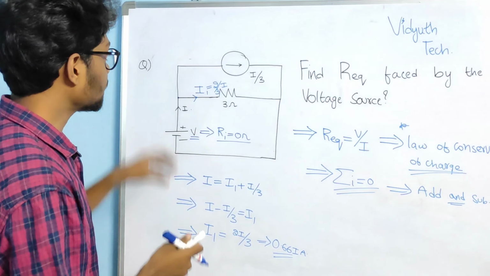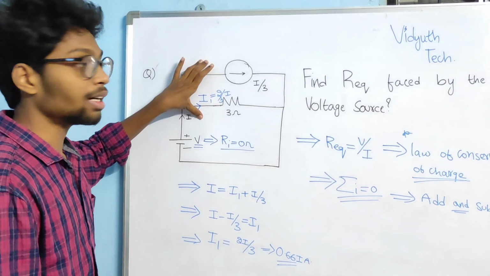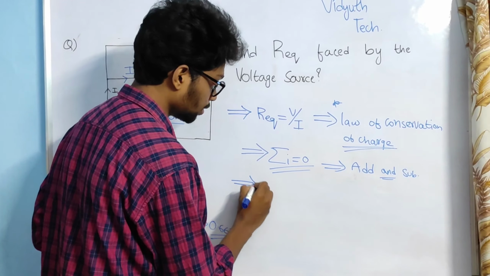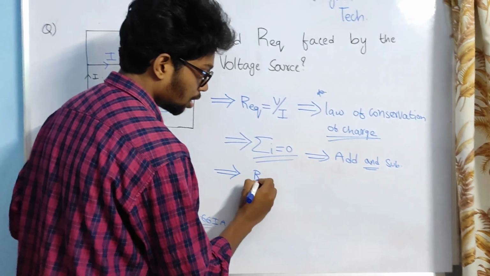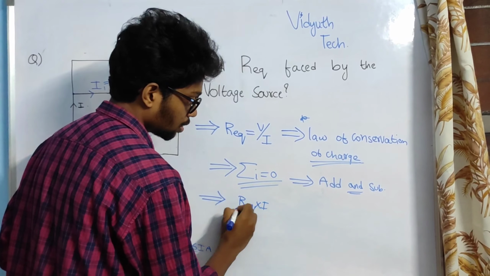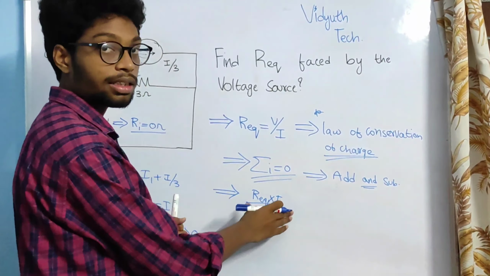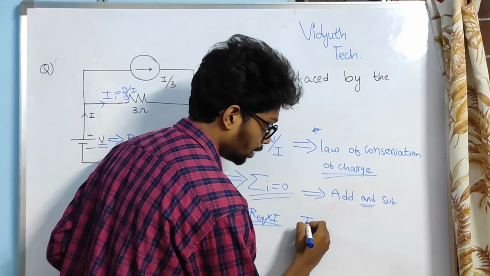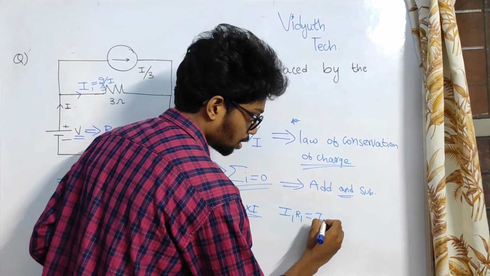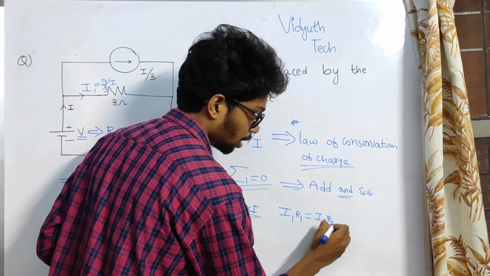As the voltage is constant under parallel condition, I told you the relation: whenever the voltage is constant, R equivalent into I, let me take that like that, I1 into R1 is equal to I2 into R2.